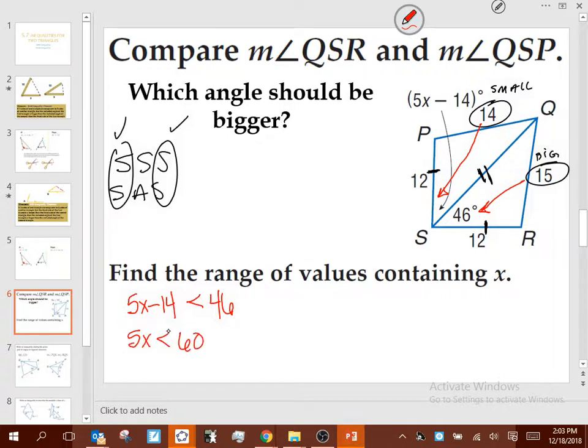Gives me 60. Divide both sides by 5. 12. If it was a negative 5, you divide by negative 5, then you would switch it. Okay? So dividing by a negative or multiplying by a negative is the only time that you have to flip that. Okay? Maybe the next one we do, we'll approach it so we have to apply that. So x is less than 12.